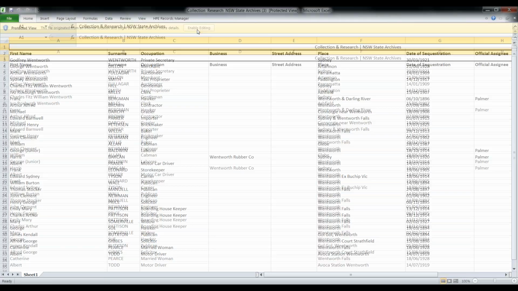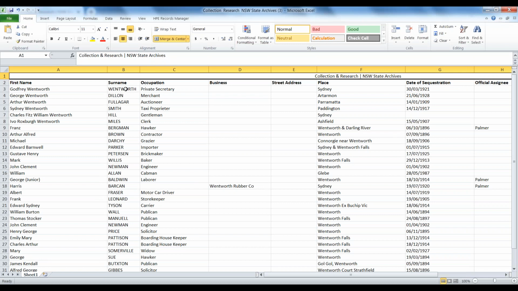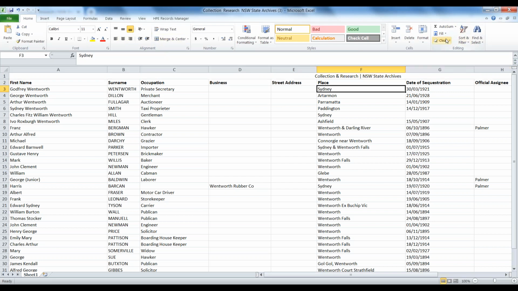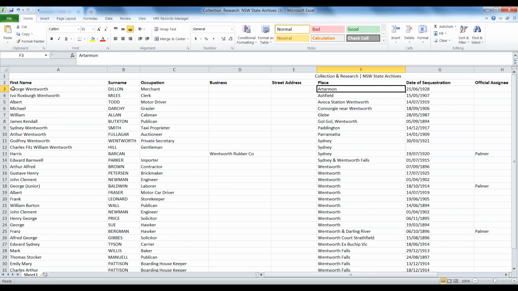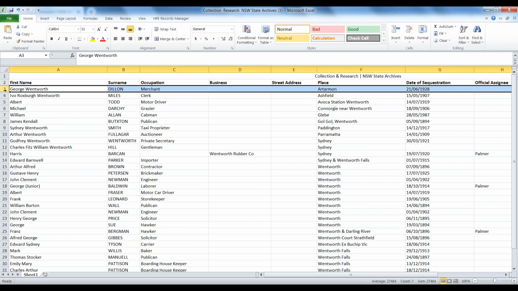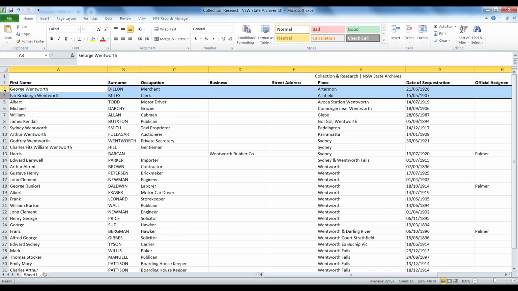Deliberately chose Wentworth because you'll see there are people whose surname is Wentworth, who have Wentworth as a middle name. And there's also, of course, the town of Wentworth. So you can do quite a lot of sorting, or you may need to do quite a lot of sorting, just to make sure that you're getting just the areas that you want.